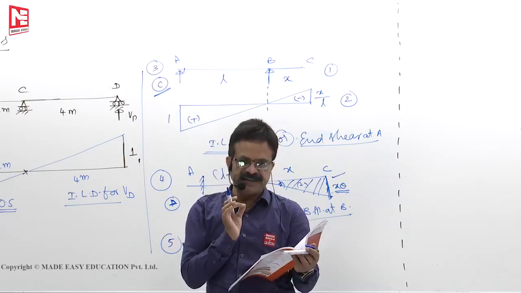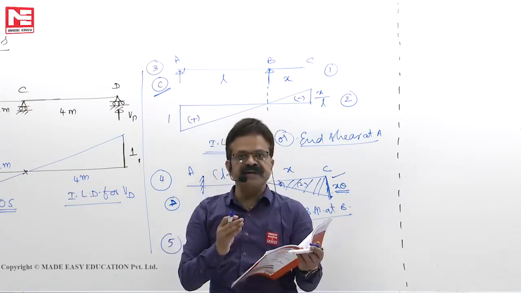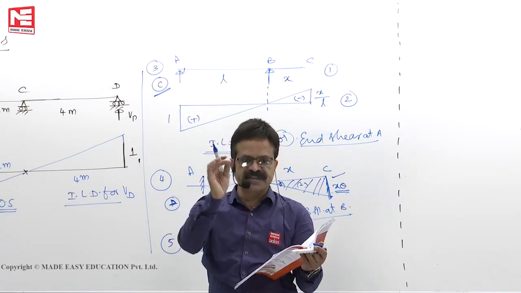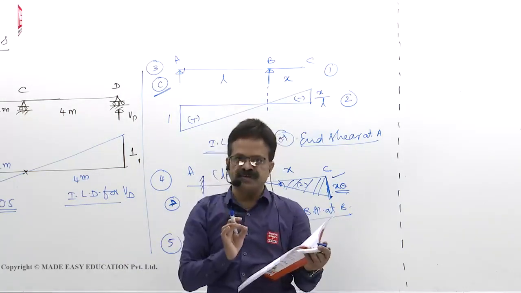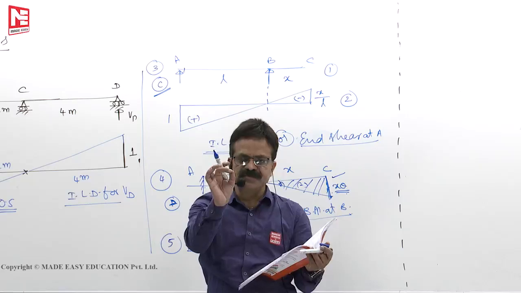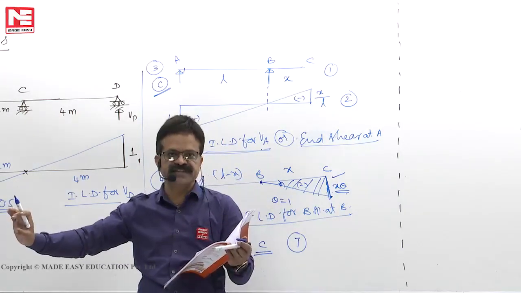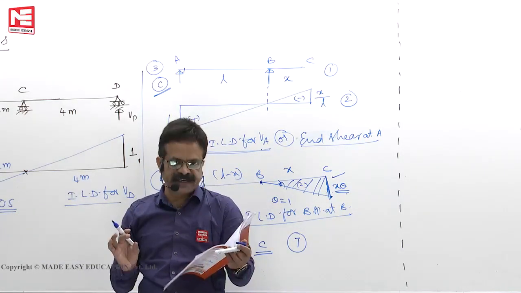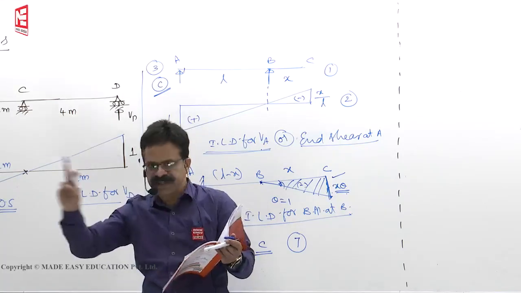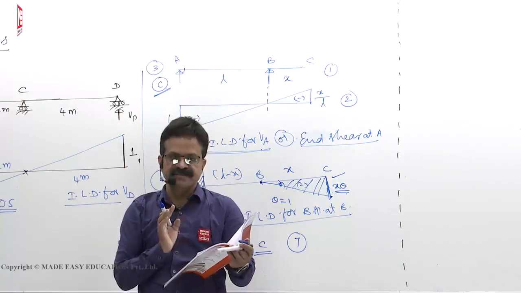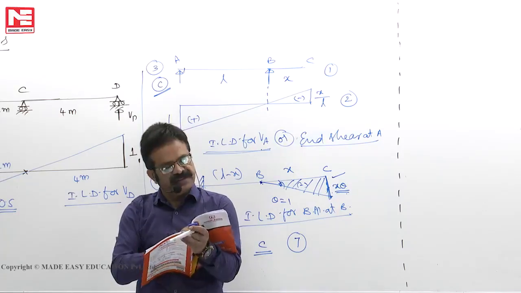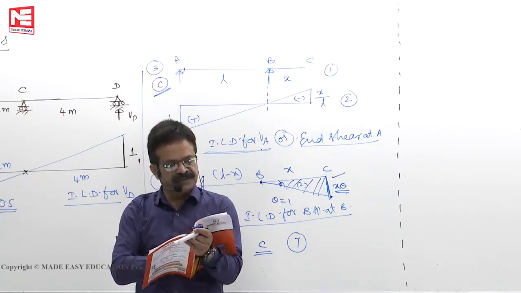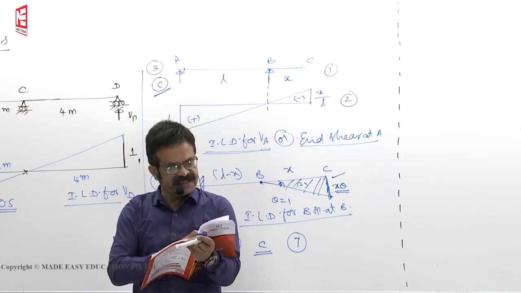Then what is a bending moment diagram? The load is constant and fixed in position, and the section is different. What is the bending moment because of that load at different sections? That is the bending moment diagram. ILD means the load is moving, the section is fixed. So that much difference is there between ILD and BMD, so they must not be confused. Second one is correct, first one is correct.